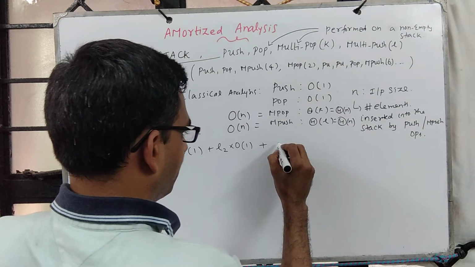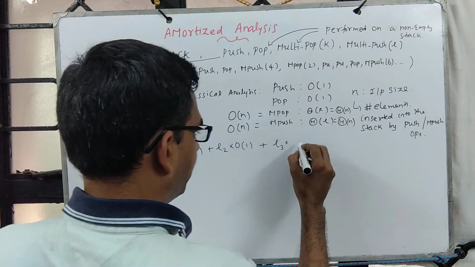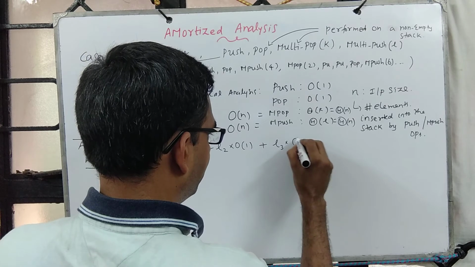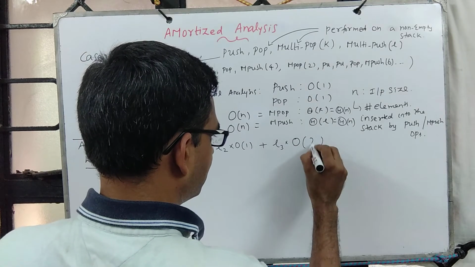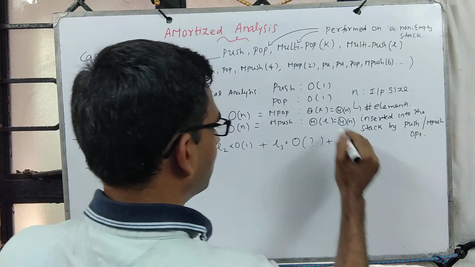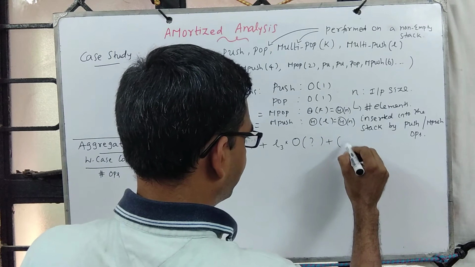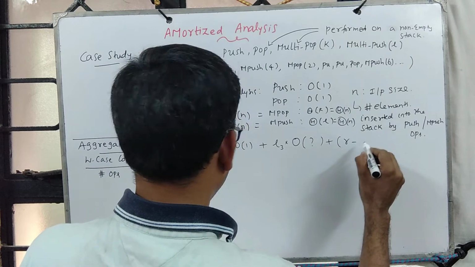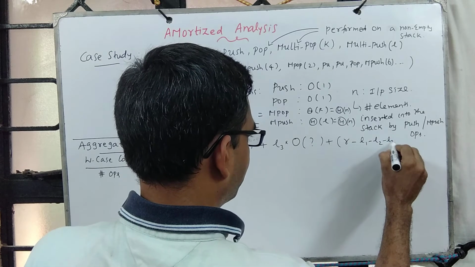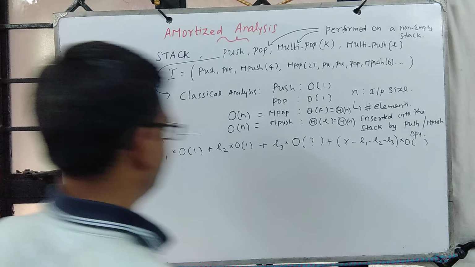Then we perform L3 number of say multi-push, so something like this into some cost, and suppose there are, K is already used, let's use something else, there are R operations, then R minus L1 minus L2 minus L3 times the cost.